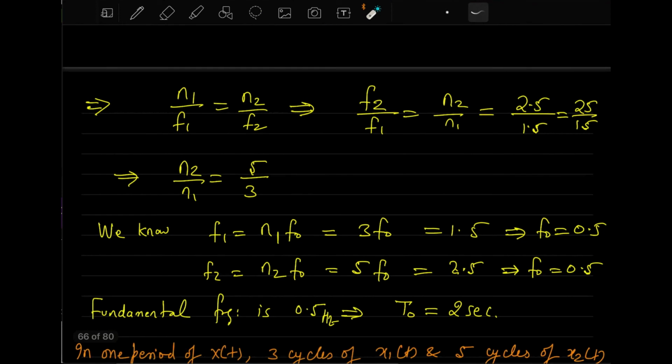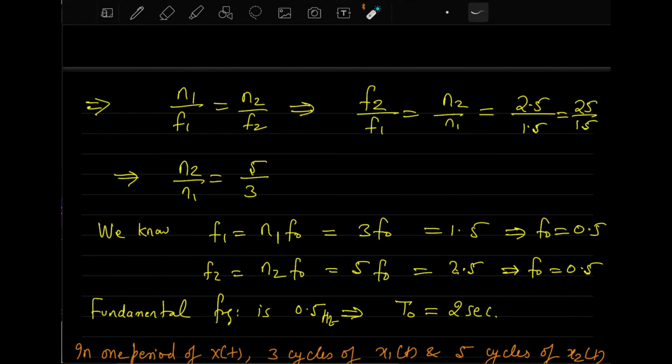We have already seen that the individual components x1 and x2 are related to f0 by the multipliers n1 and n2. So you got n1 and n2 as 3 and 5, and you can replace them here. So f1 is 3f0 and f2 is 5f0. The first signal x1 has frequency f1, which is 3 times f0, the fundamental frequency, and f2 is 5 times f0.